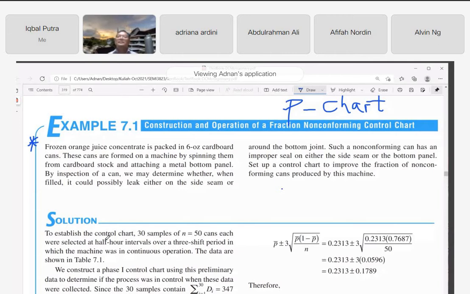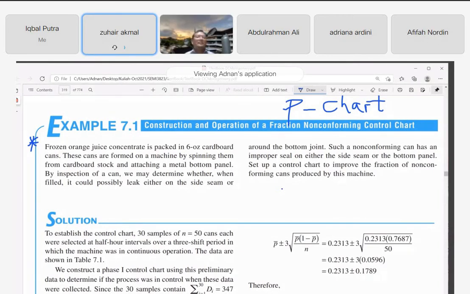Frozen orange juice concentrate is packed in 6 ounce cardboard cans. These cans are formed on a machine by spinning them from cardboard stock and attaching a metal bottom panel.